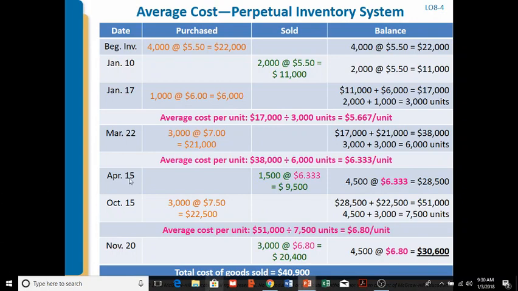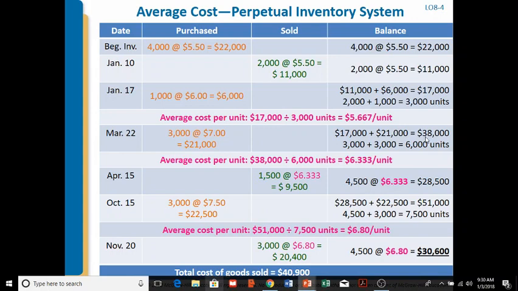And then on March 22nd, we purchase another 3,000. So we have to take the 3,000 we had plus the 3,000 we just purchased. So that's 6,000 units. And the previous cost of 17,000, we add to that 21,000 for the units just purchased to come up with 38,000.